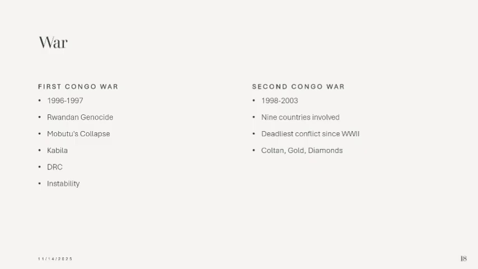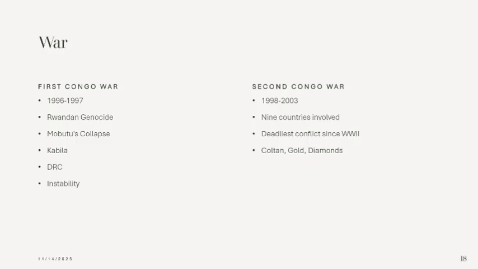So the first Congo War, which started in 1996 and ended in 1997, saw a coalition led by Rwanda and Uganda invade the Democratic Republic of Congo, but at the time Zaire, to depose Mobutu, replacing him with the rebel leader Laurent Kabila.